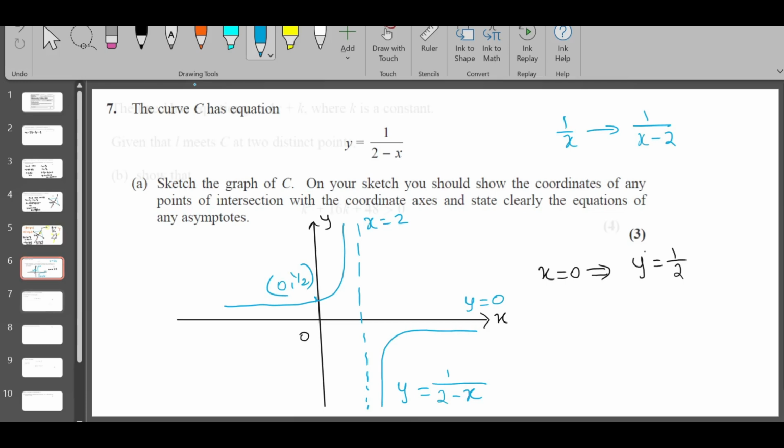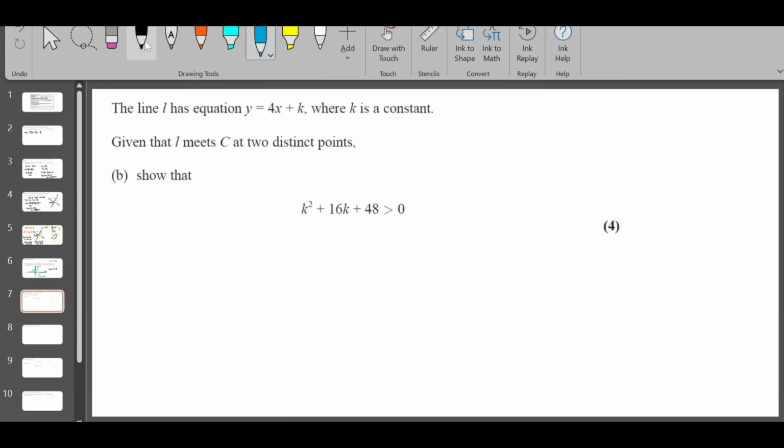Part B now. The line y is equal to 4x plus k, k is a constant. These two, the reciprocal graph C and the line, meet at two distinct points. So equate them. 1 over 2 minus x is equal to 4x plus k. Bring this here. 1 is equal to 2 minus x times 4x plus k.